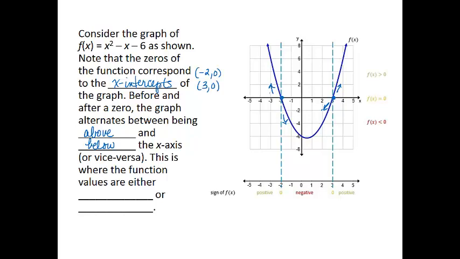And do you remember how we looked at that in the intermediate value theorem? We talked about with a polynomial function, when there's a sign change between a positive and negative function value, we know there's a 0 between those values, so this is kind of being confirmed here as well. But this is where the function values are either positive or negative.